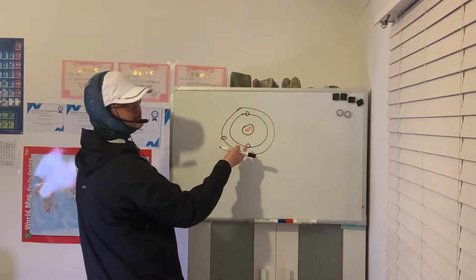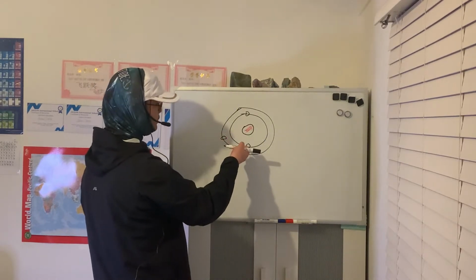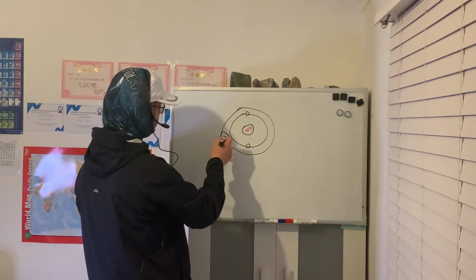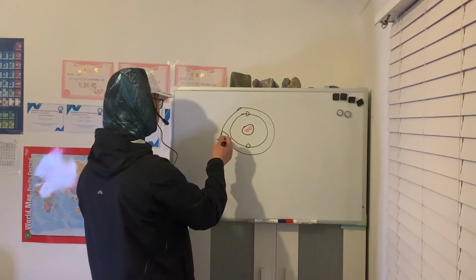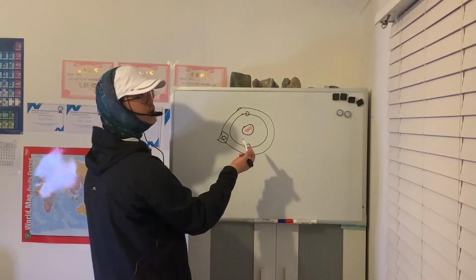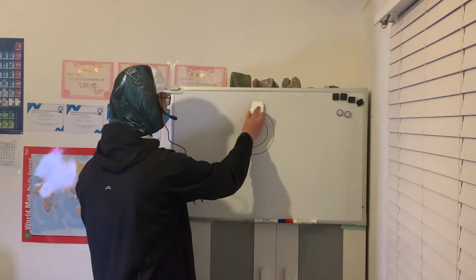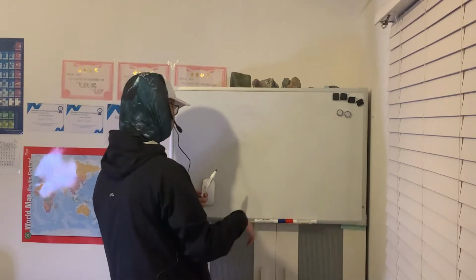So for example, this is lithium. Lithium has 3 electrons and the outer shell has 1. Yeah, it's pretty unstable. It wants to lose that electron, so it becomes a conductor. Another example of conductor that we commonly use is copper.